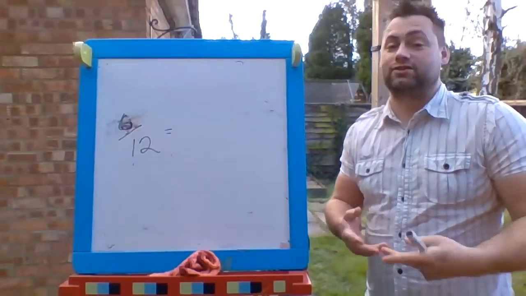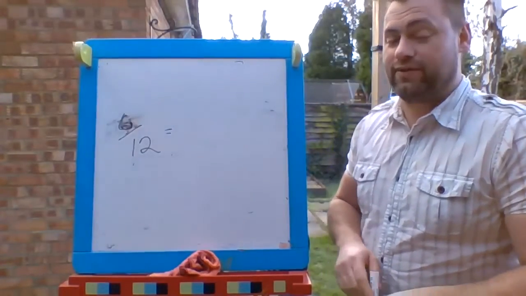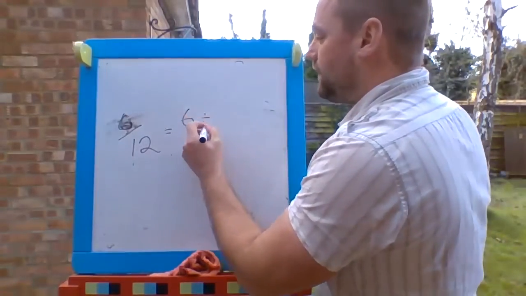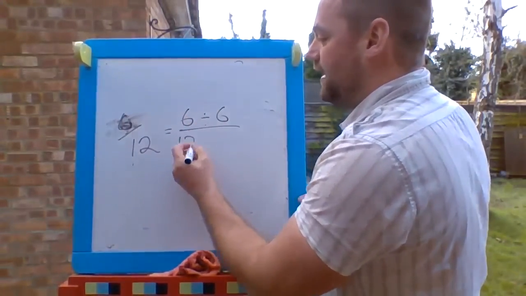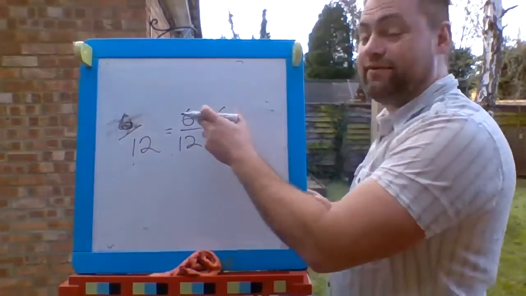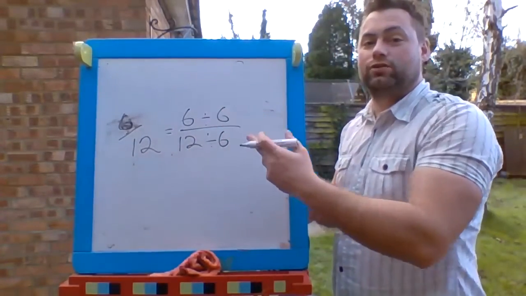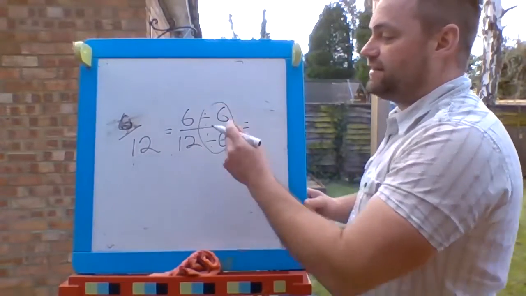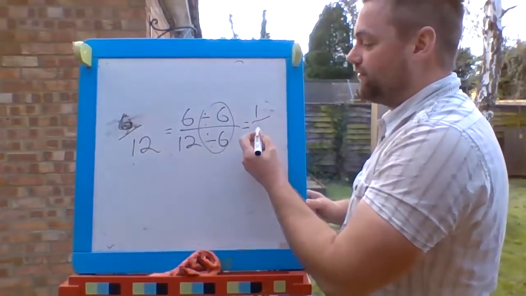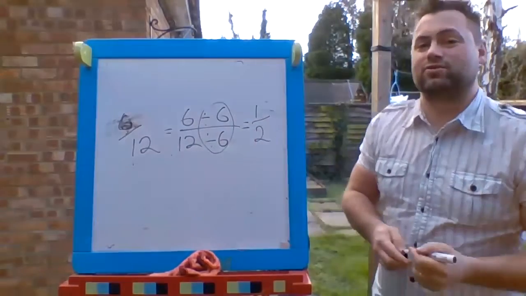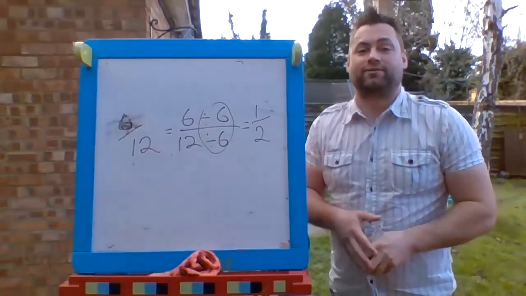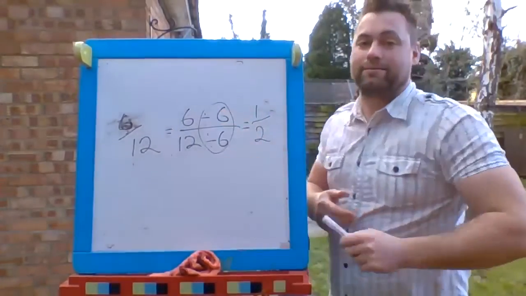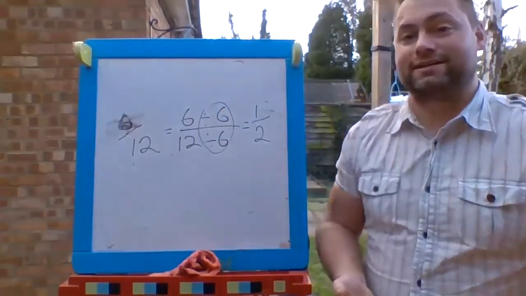I could divide by 2 into all of these numbers, but I'm going to go with 6. So 6 divided by 6 and 12 divided by 6. Whatever you do to the numerator, you do to the denominator. The same calculation there. 6 divided by 6 is 1, and 12 divided by 6 is 2. So 6/12 is actually a half. And if you have a look at a fraction wall chart, you would be able to see that as well. Hopefully that clears that up.